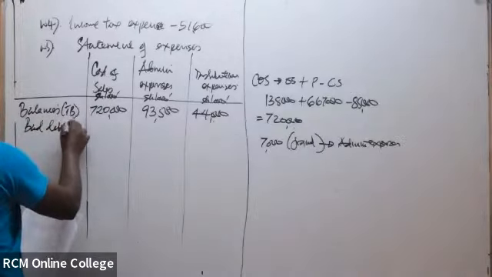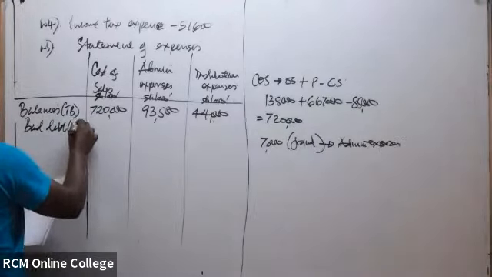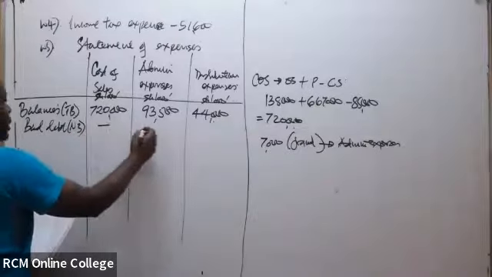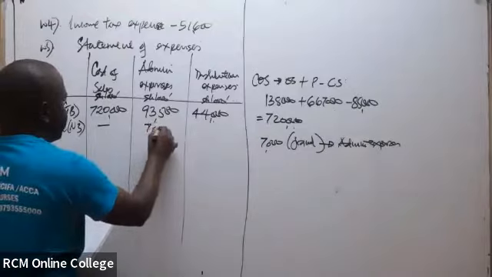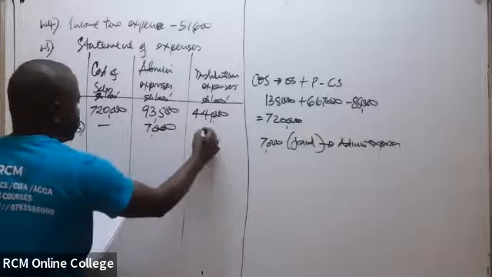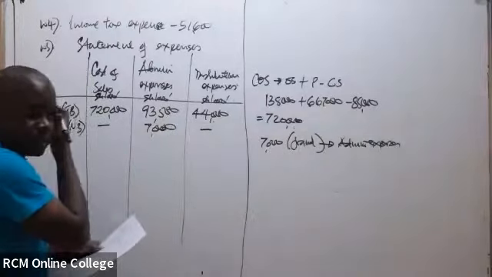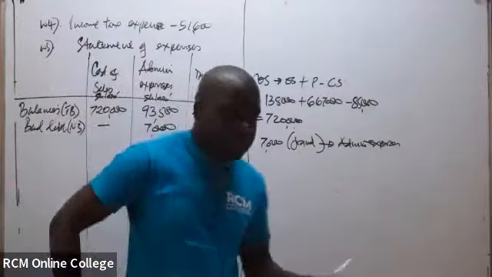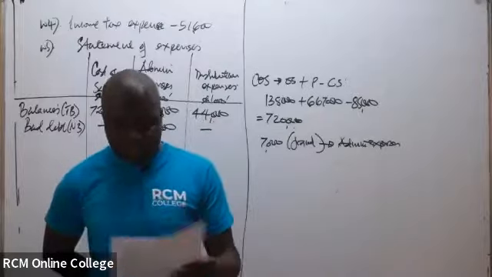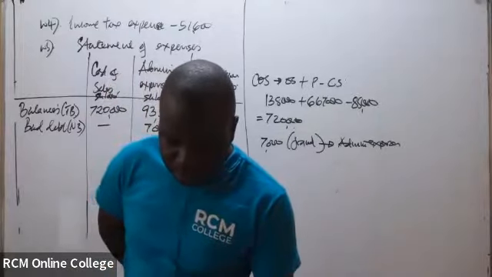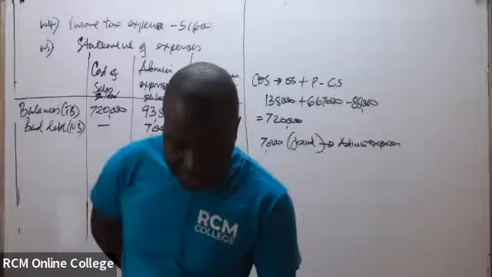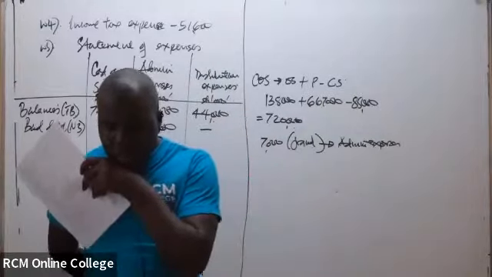This one is as per note number 3, so it will go under the admin expenses. Unless we are told they were able to recover it, they won't be able to recover it.